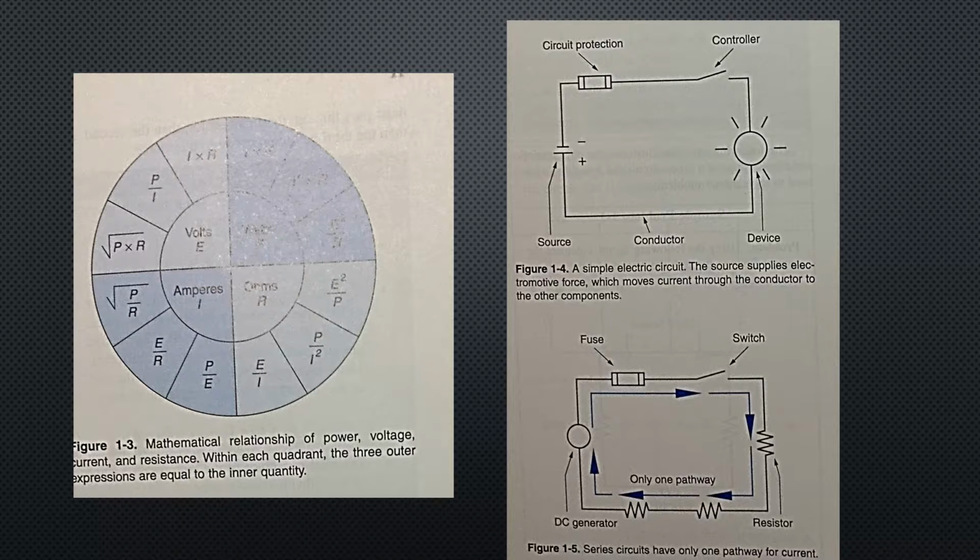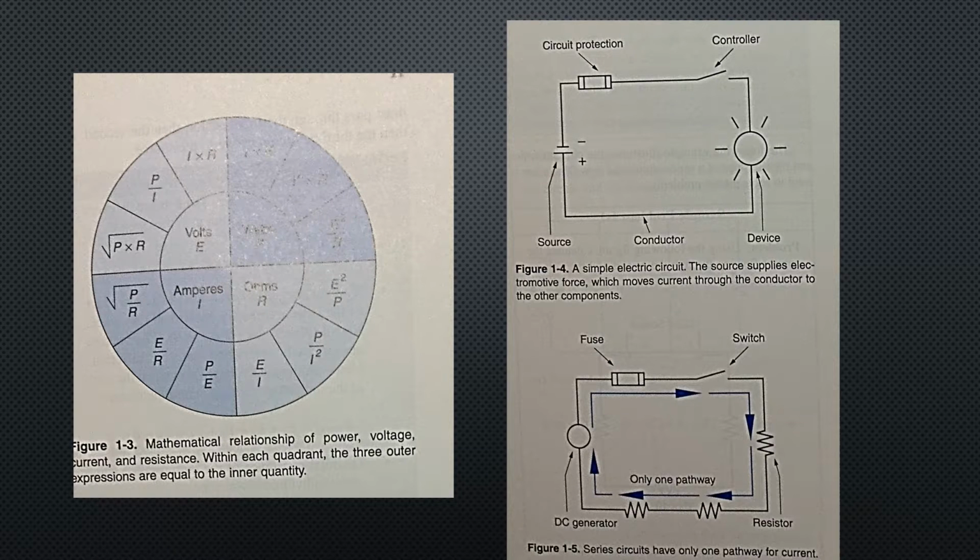Basic circuits. Simple and complex circuits are composed of the same components. All circuits must have a source, a device, and a conductor. The source provides the electromotive force. The device, resistance or elements, these terms are equivalent, uses the energy to perform some desired function.